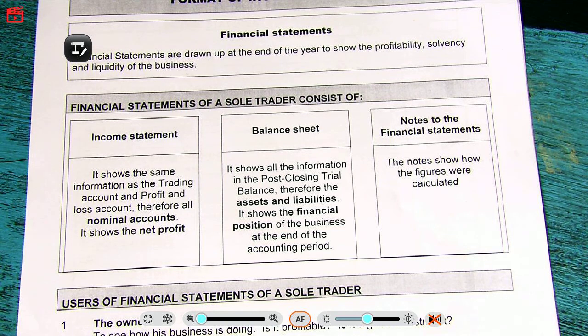A balance sheet will show the financial position of the business at the end of the accounting period. And then our notes to the financial statement, we've introduced those to you: trade and other payables, trade and other receivables, inventories. In the notes that we've handed out to you, we've shown you little snippets of what notes look like. There's about 8 or 9 notes that we're going to be breaking down to you. Okay?